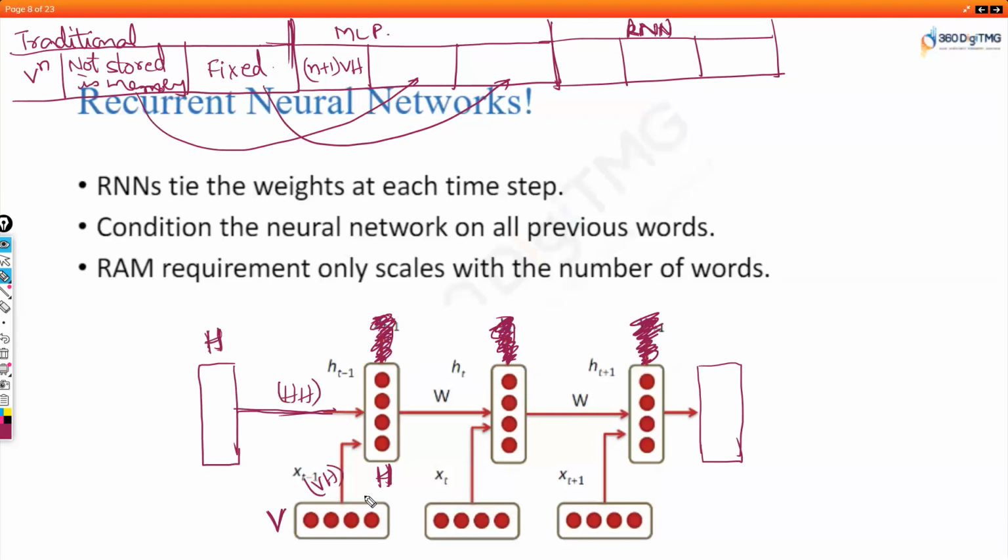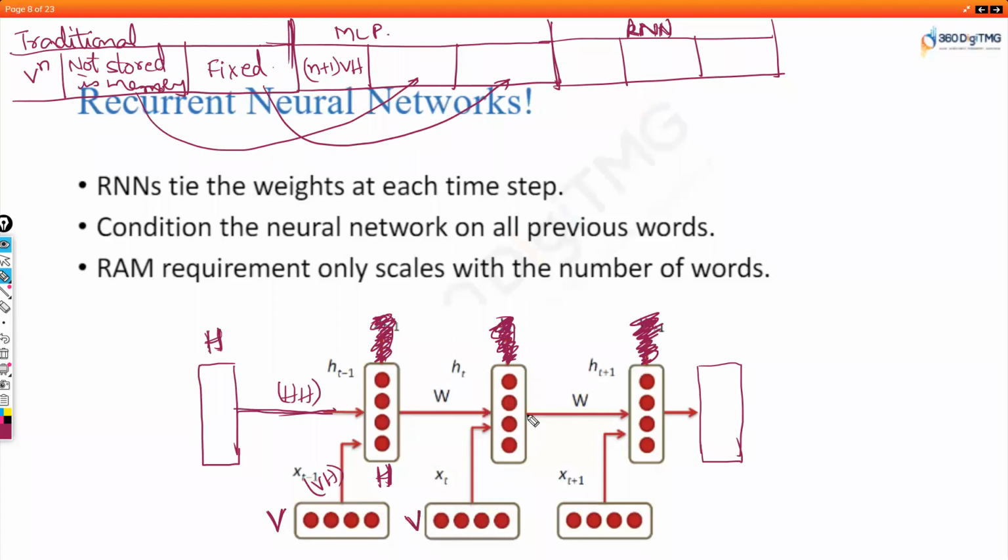Then whatever is learned from this word, that information is carried forward. Unlike the previous architecture of MLP, here it is different. This word, which is going into the hidden layer, is carried forward, and you have another word. Again, you do one hot encoding.